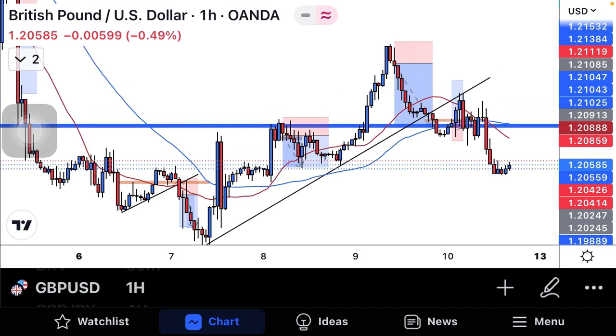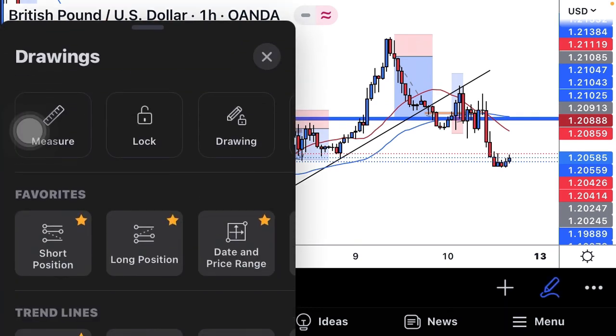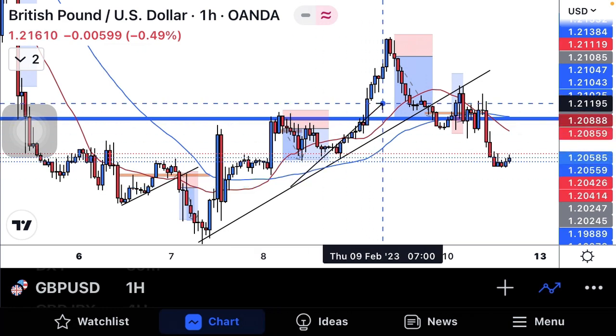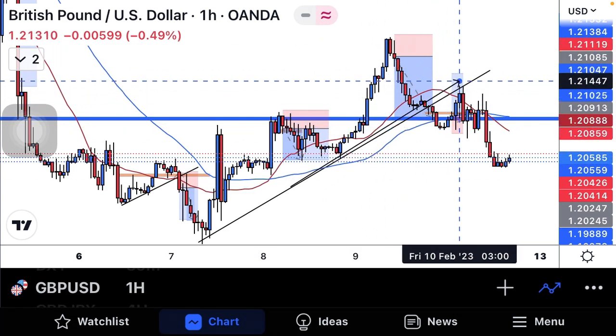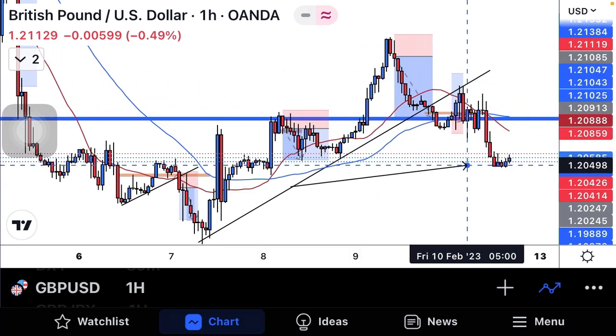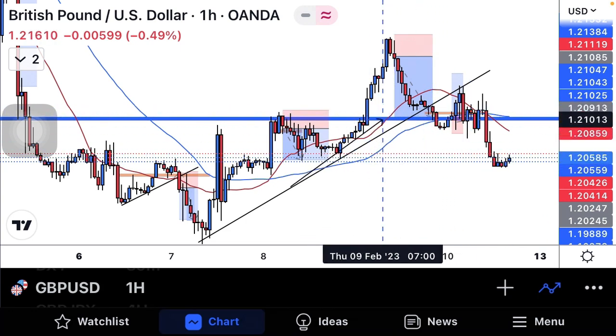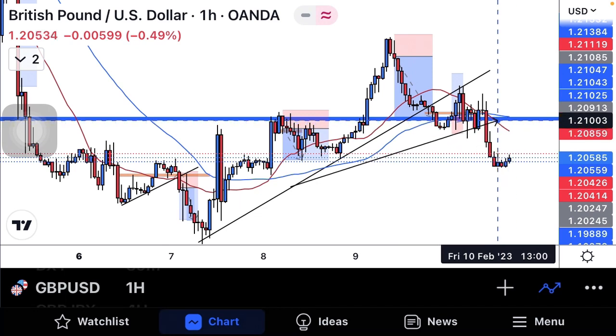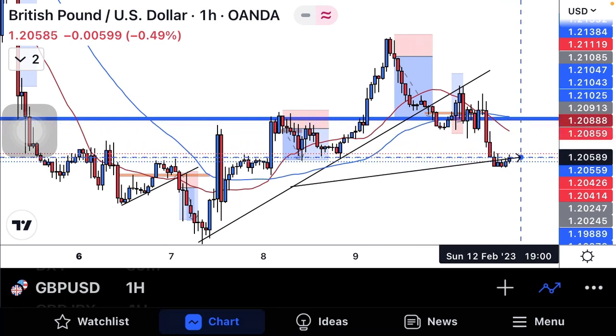So right now, price broke this trend line and it has gone back to retest it. Price broke the trend line, came back to retest it, and now it has broken this level. This is my daily level, so I'll be expecting price to pull back into this level again, so I will go short.